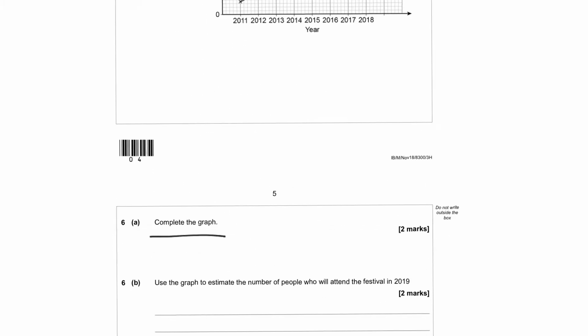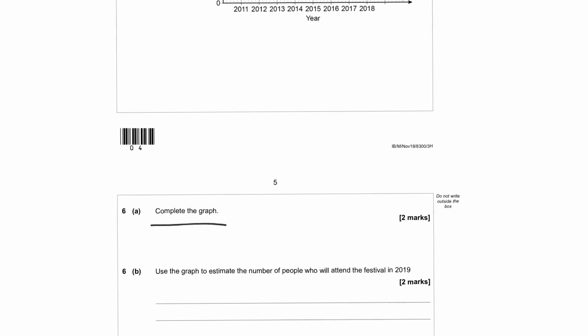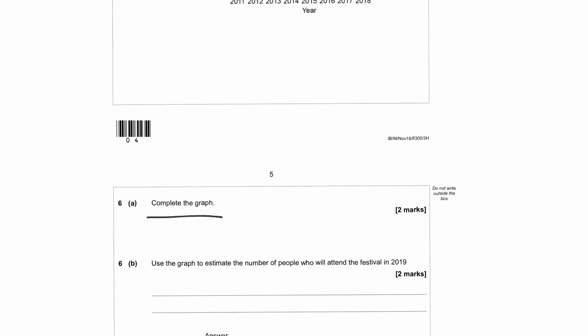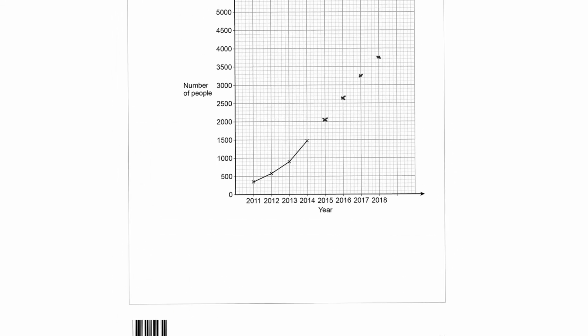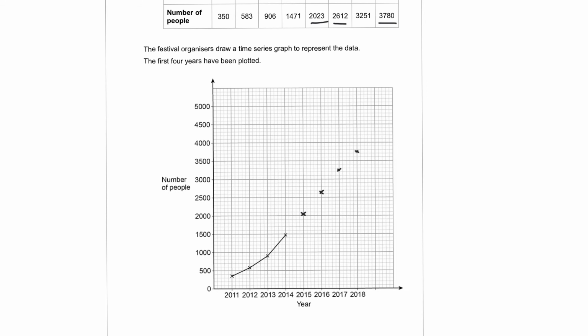So I've plotted the points on, and then it says use the graph to estimate the number of people who attended the festival in 2019. So first of all, I'm going to connect my lines. Estimate the number of people that attended the festival in 2019. So, in order for us to estimate the number of people, what we will need to do is roughly continue on where we think the line would continue on to.